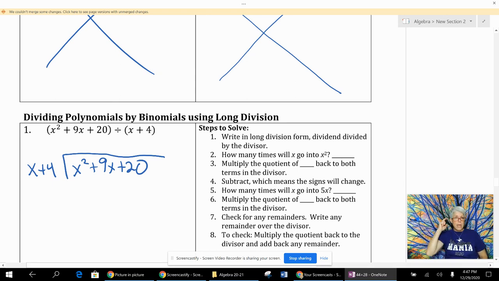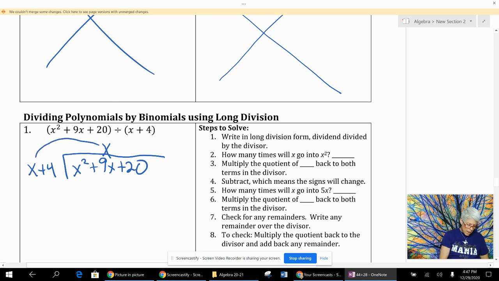And say, instead of saying how many times does x go into x squared, say x times what is x squared? X times x. I'm going to put it over the 9x because those are like terms.